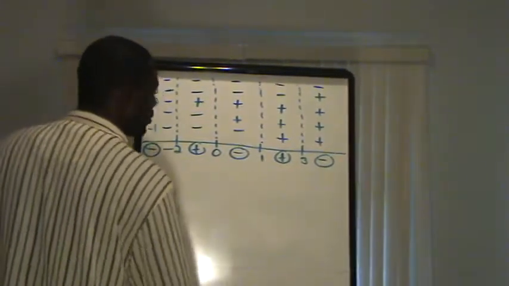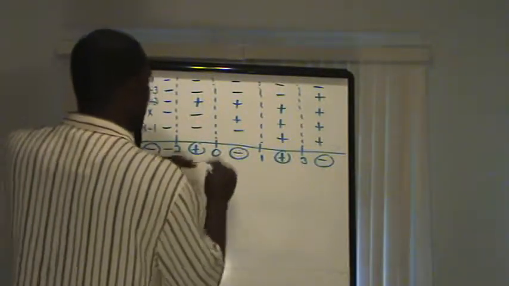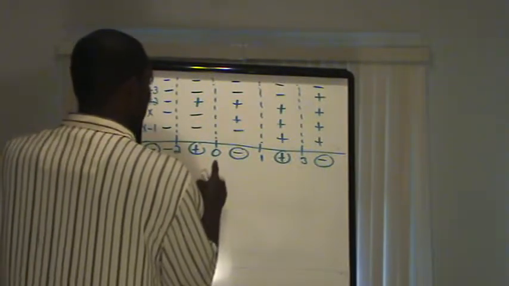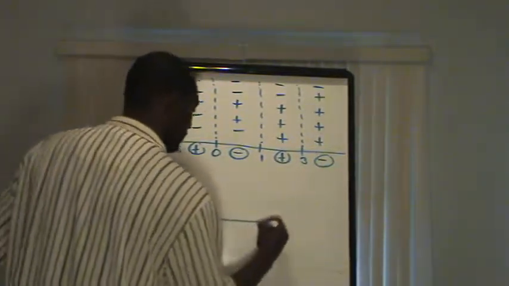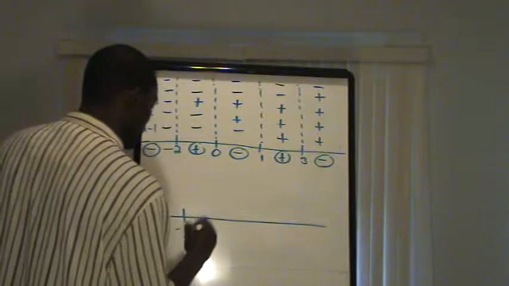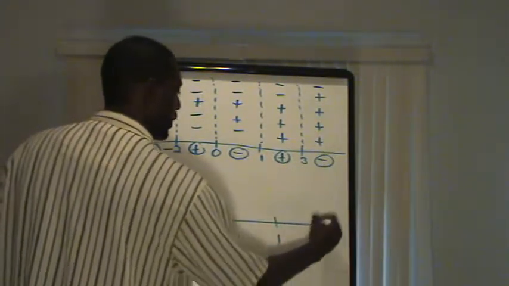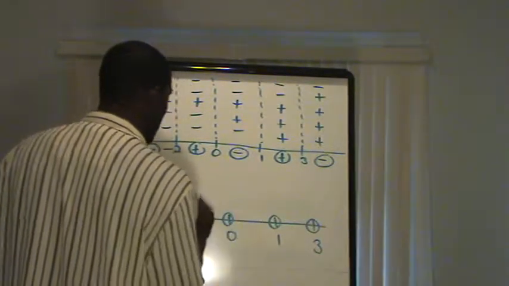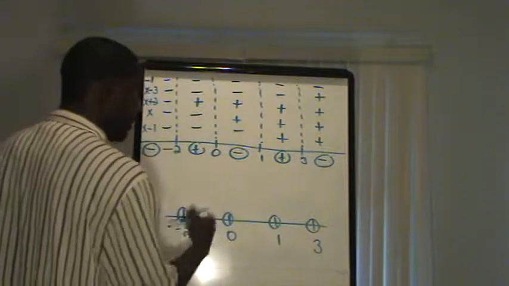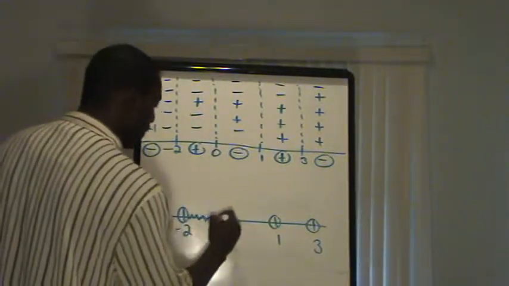All those values of x that will produce a positive solution are found between negative 2 and 0 and 1 and 3. So I put negative 2 on the number line, 0, 1, and 3. And right now, because we're only considering those that give me greater than 0, my circles are open for the moment. And so I shade in between.